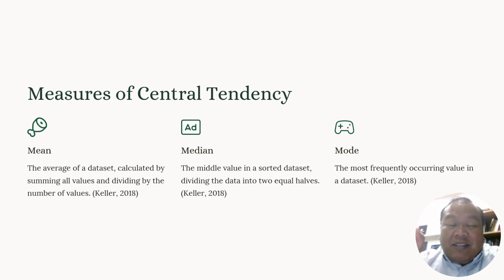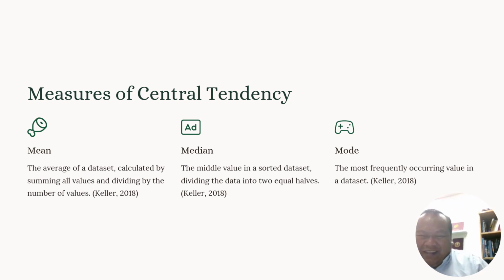What we computed earlier was the mean, which is the average of the data set calculated by summing all values and dividing by the number of values. So sorry, my mistake, my big mistake. I stand to be corrected. It's not called median. It's called mean. The average is called mean. Okay, mean, not median, mean.